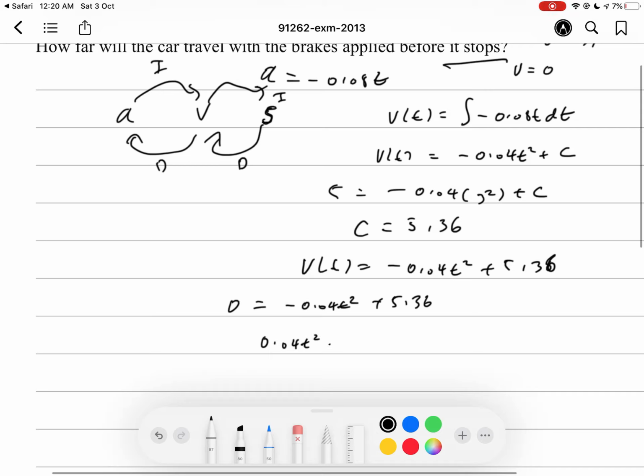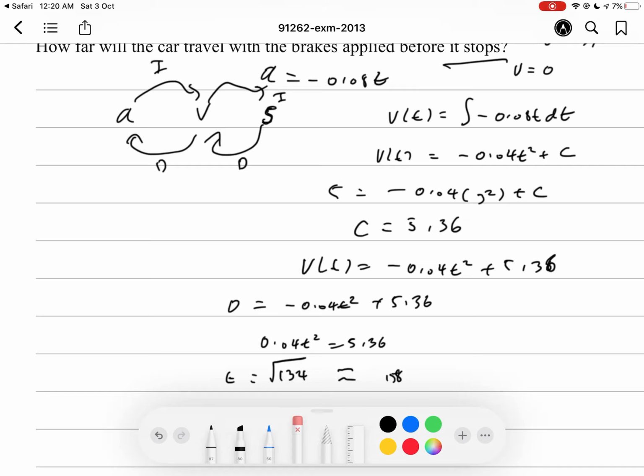So therefore, 0.04t squared equals 5.36. So therefore, t equals the square root of 134, which is about 11.58 seconds.